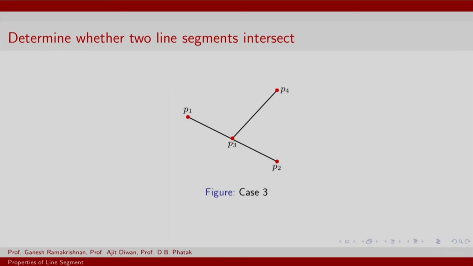What if one of the points, say P3, happens to be collinear with P1 P2? In general, what do you expect if 3 points P1, P2 and P3 are collinear?